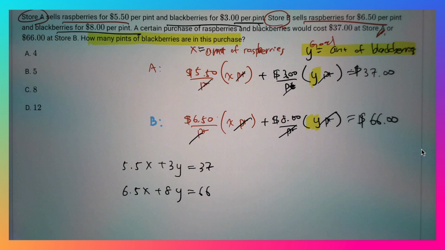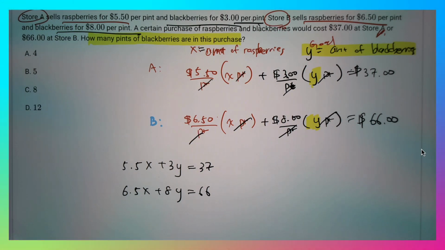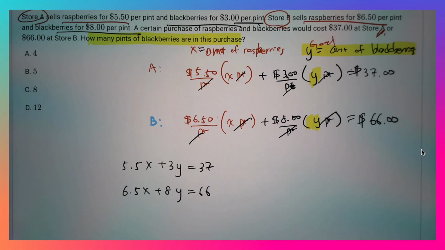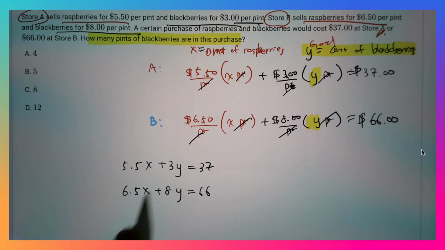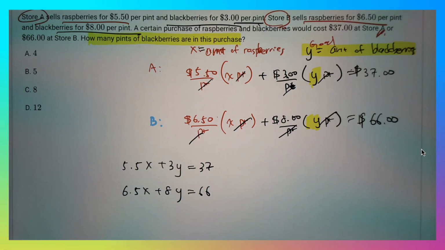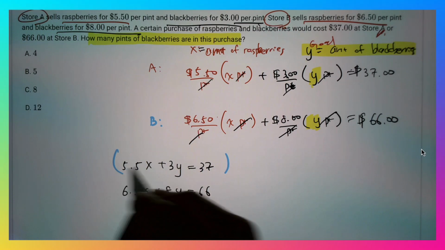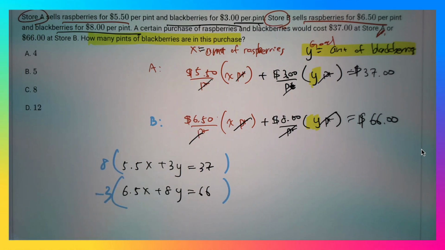Save your time if you are savvy with the graphing. But I also want to help students who are learning this elimination or substitution method, and over here I'm gonna use the elimination method. Why? Because everything is aligned: x, y, and numbers, and all I have to do is multiply the top equation by 8 and the bottom by -3.